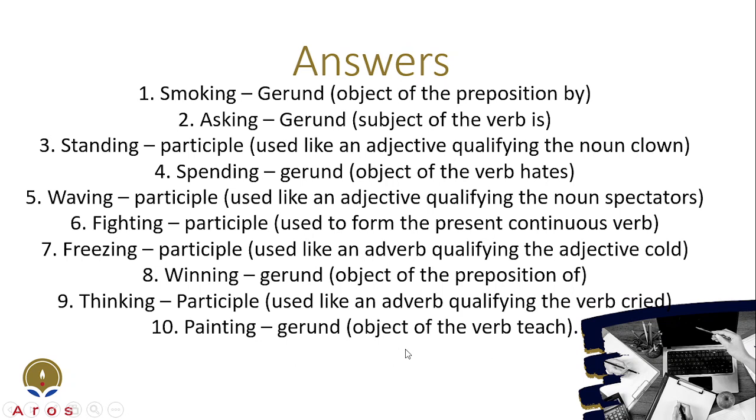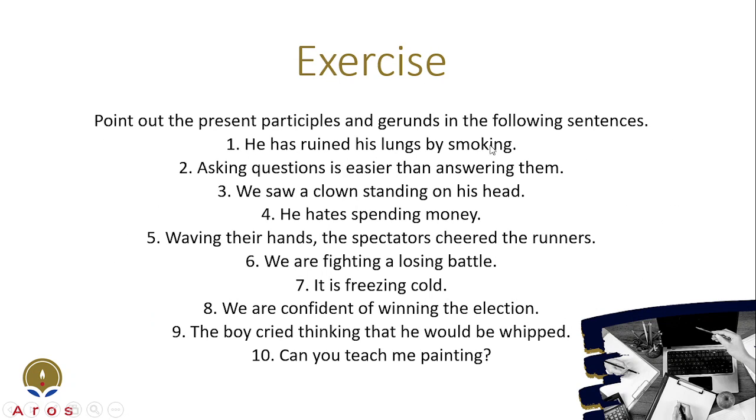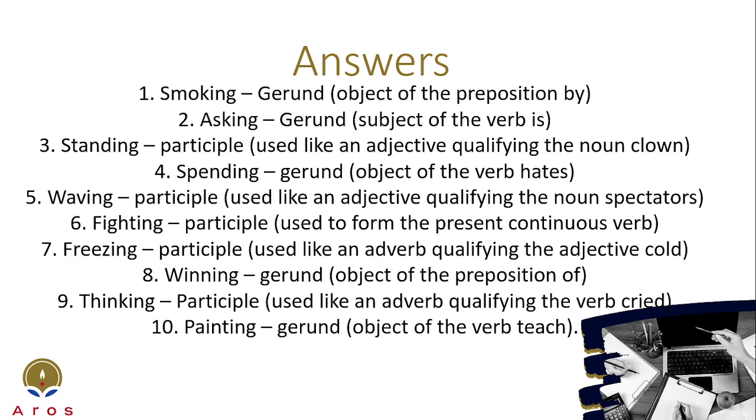Goed. Nummer 4, spending, okay. Dis die naam van die verb, nee, wacht net so 'n bietjie, dit klink nou nie reg. Object of the verb hates. Okay, fair enough. So ek was daar verkeerd. He hates spending, want, okay, goed, kom ons vra onsself dit af.